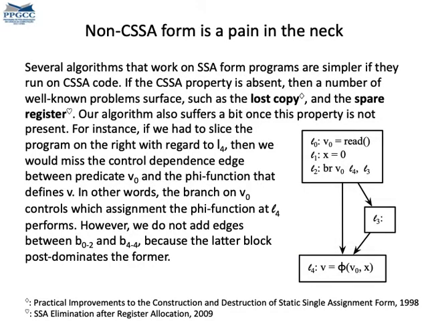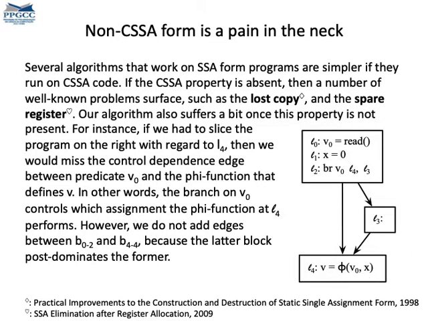Many algorithms that work well in SSA form stop working correctly if the representation is non-conventional. The algorithm that we had is one of them. For instance, consider the program on the right. What is the slice for the criterion L4, this instruction here?